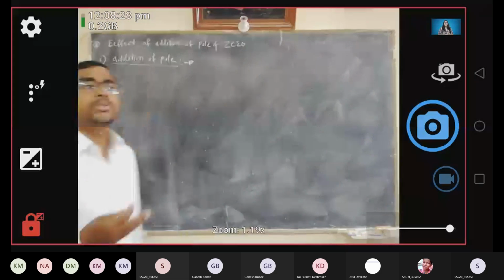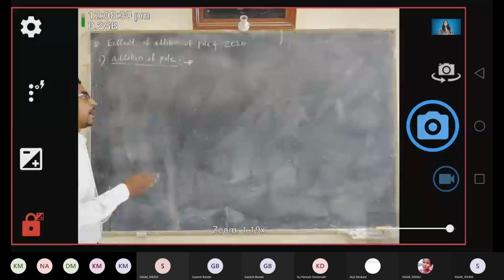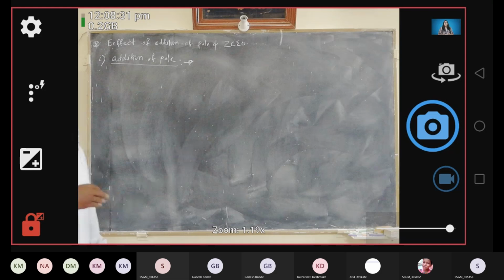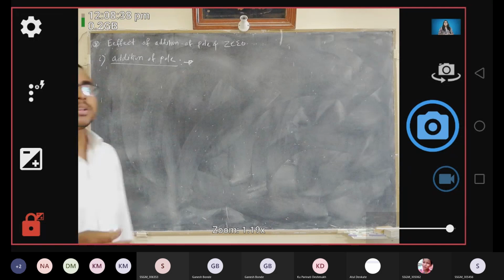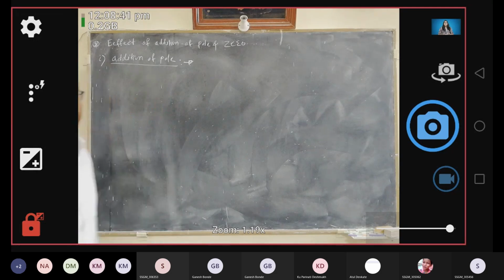We have to see whether by adding a pole they are shifting toward the right hand side or toward the left hand side. By obtaining this information, we can directly comment on the stability. What is the effect of addition of pole and addition of zero?